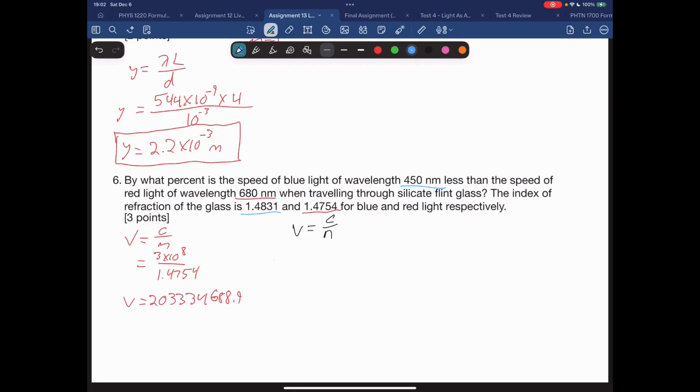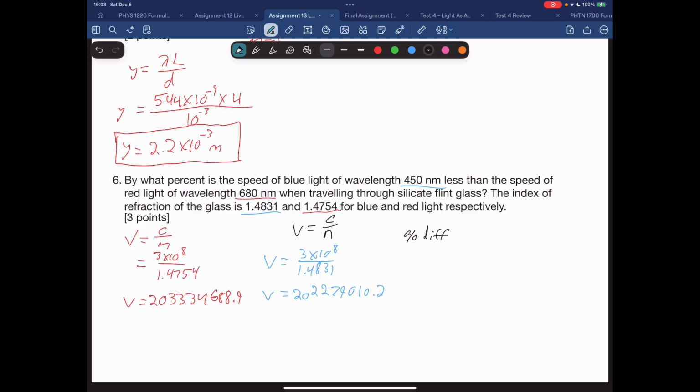My blue speed, using the same method, equals this here. These are both in meters per second, but they aren't my final answer, so I'm not going to bother writing down the units right now.